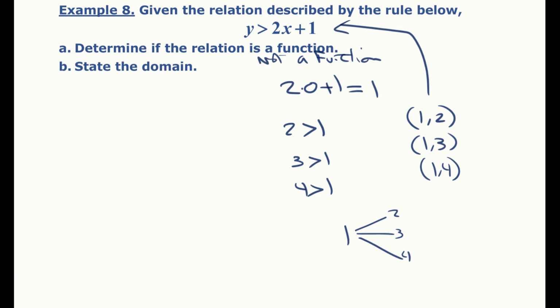However, as far as the domain is concerned, notice that any x value can be substituted for x here without causing any kind of error. So therefore, the domain would include all real numbers, like so.